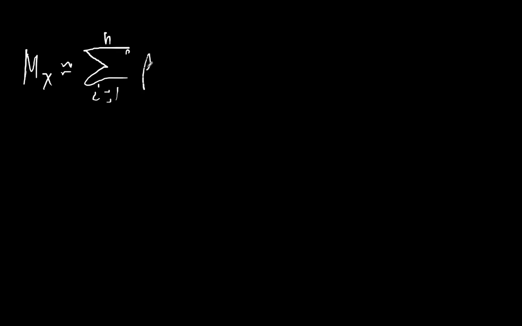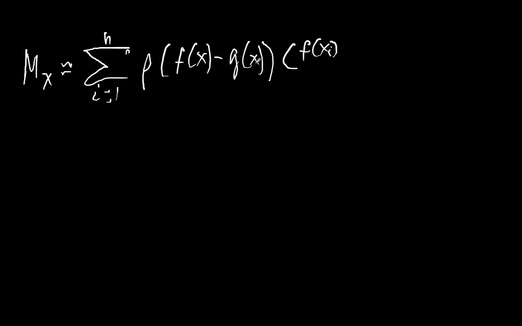So that's rho times the difference of the two functions. This is to find the area together with the delta x, but we will write delta x later after we write everything.